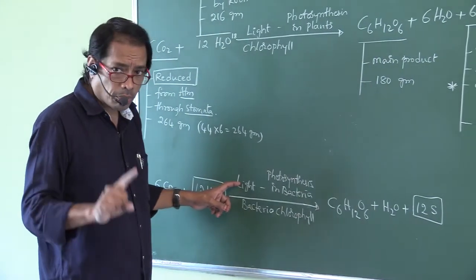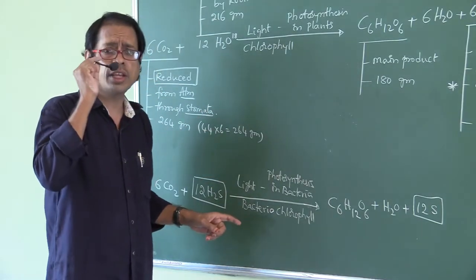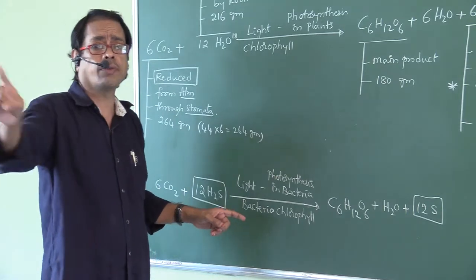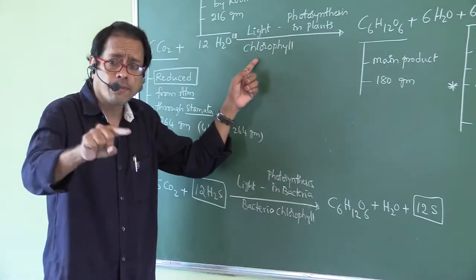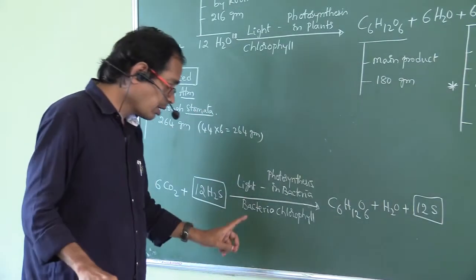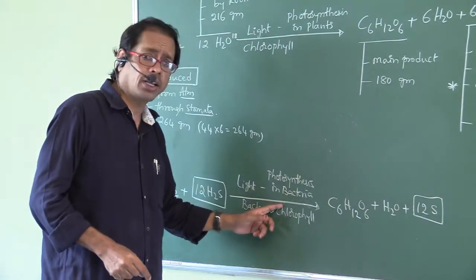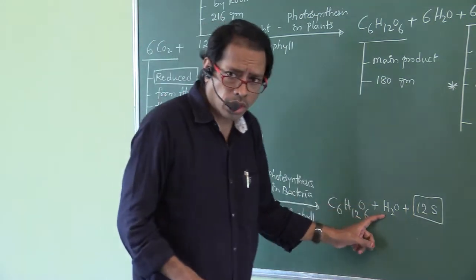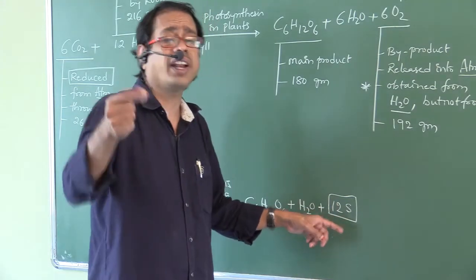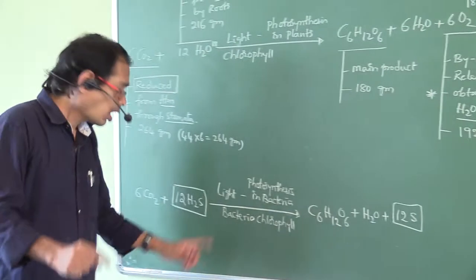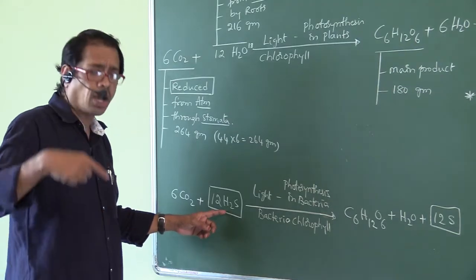Light is required, but the pigment differs. Plants have chlorophyll, whereas bacterial photosynthesis has bacteriochlorophyll, but not chlorophyll. In bacteria the same glucose and H2O molecules are formed, but instead of oxygen, sulfur or sulfate is released.